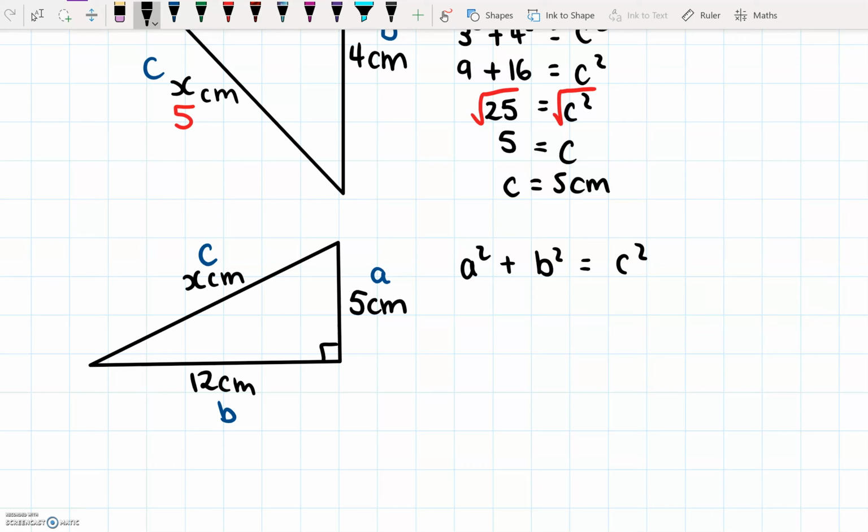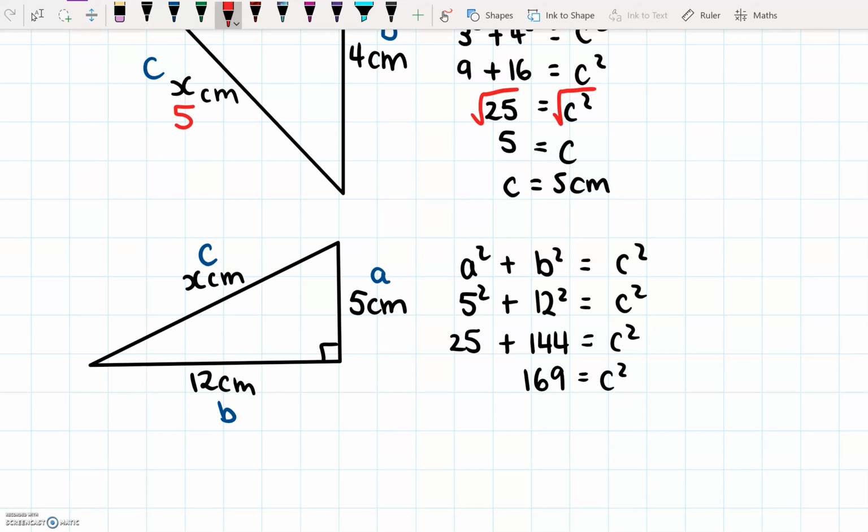We know that A is 5, so 5 squared, plus B is 12, so 12 squared is equal to C squared. 5 squared is 25, plus 12 squared is 144, and that's equal to C squared. 25 plus 144 is 169, which is equal to C squared. Again, we want to get C by itself, so we need to take the square root of both sides.